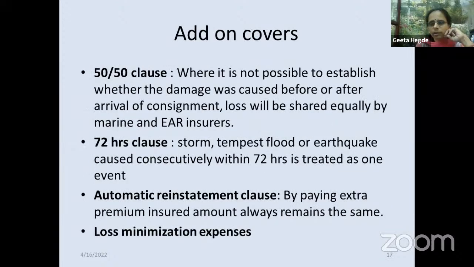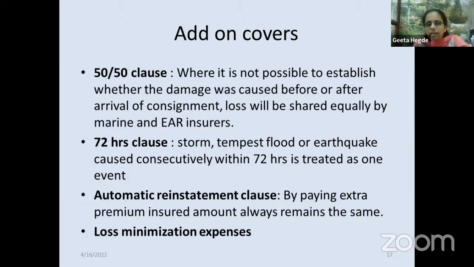Add-on covers, 50-50 clause. We have to just understand what are these clauses. 50-50 clauses where it is not possible to establish whether the damage was caused before or after the arrival of the consignment. In other words, it means that whether the loss is on the marine policy or it is on the erection policy.